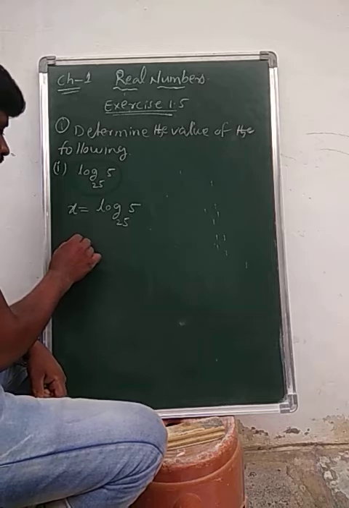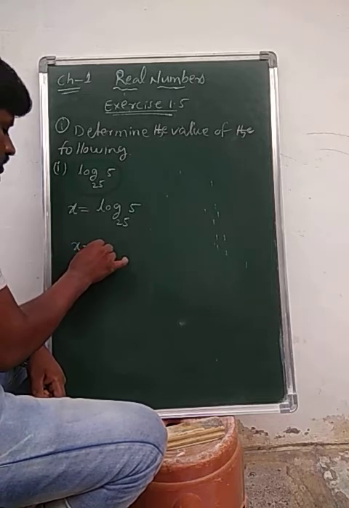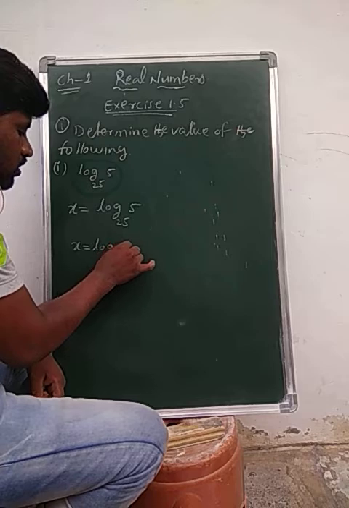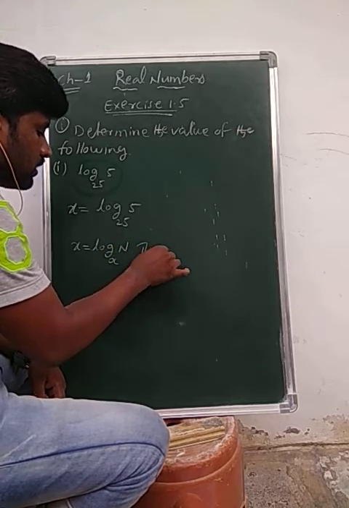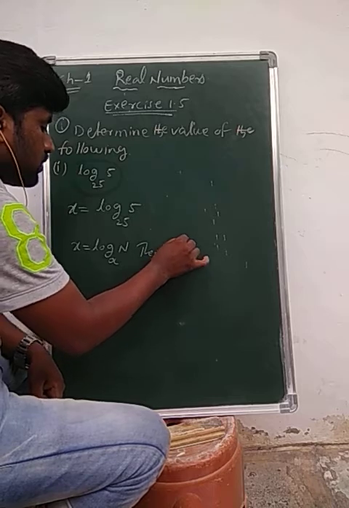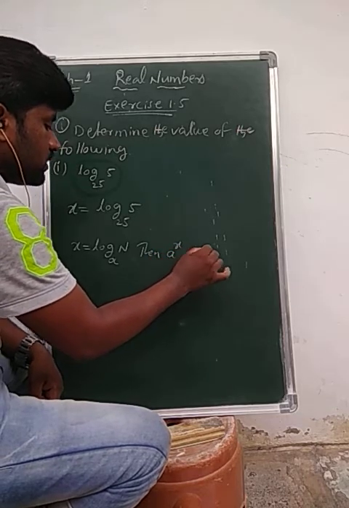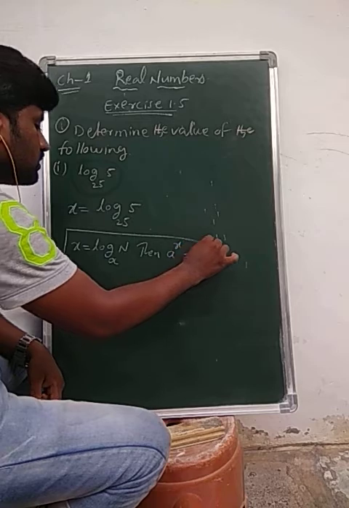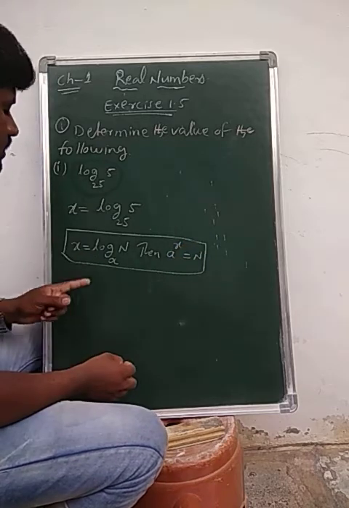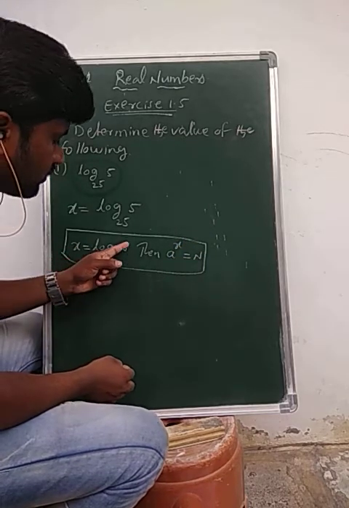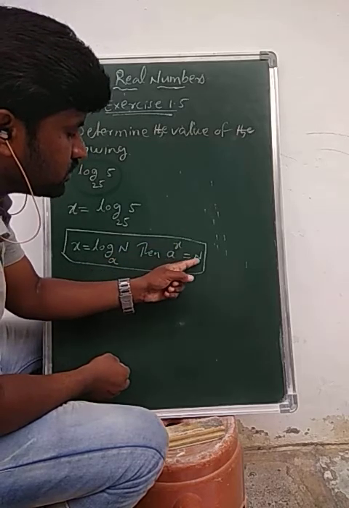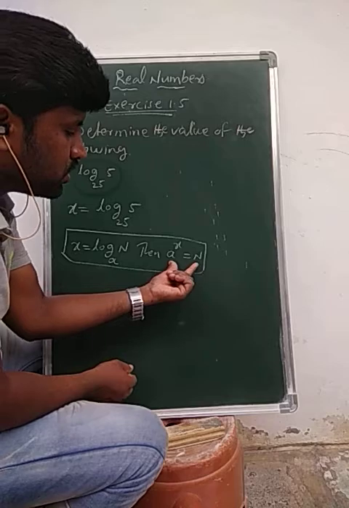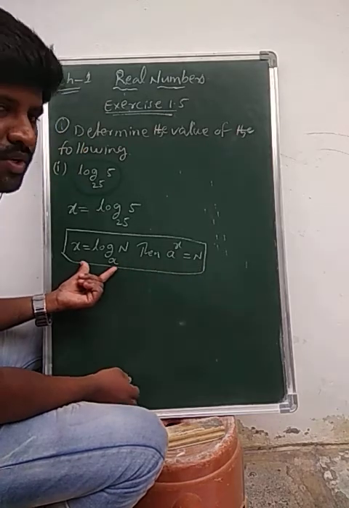The required formula is, if x is equal to log of n to the base a, then a power x is equal to n. Okay, this is the formula. So this is the exponential form and this is the logarithmic form.